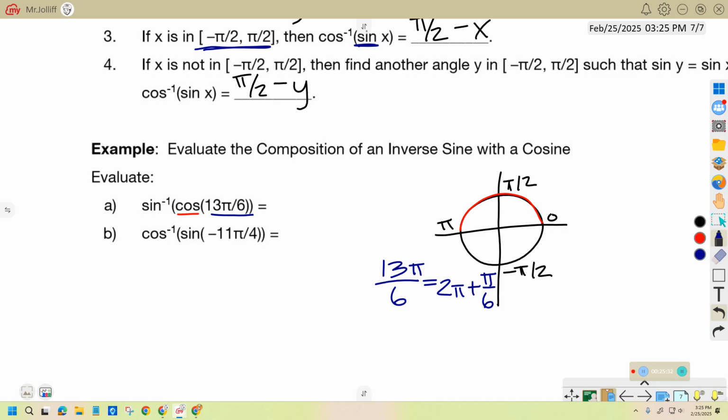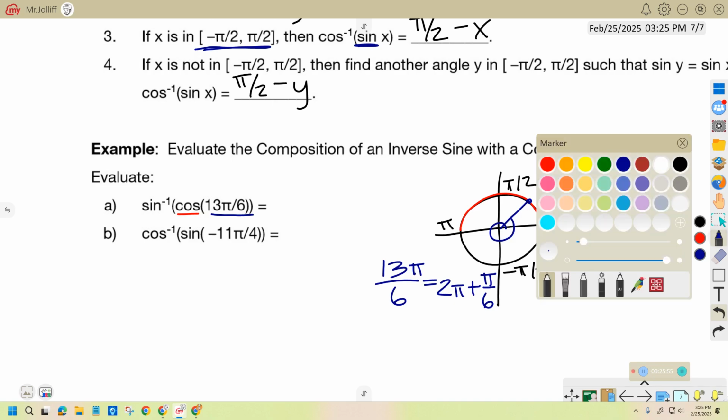So I'm starting here. I'm going all the way around, and then I'm going up another pi over 6. The first loop is the 2 pi. The extra bit is the pi over 6. So this is where that puts me. But that's too big an input. I'm not allowed to have 13 pi over 6 as my input.